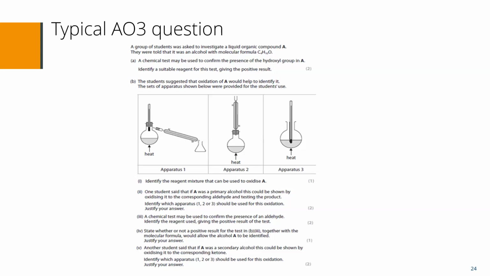It's a lovely question, I've got to say. I've used this question in some of my training in the past. So you can see, if you just quickly read through what they're asked to do in numbers 1, 2, 3, 4, and 5, everything is all about experimental skills.